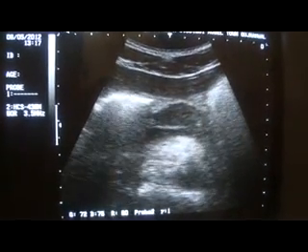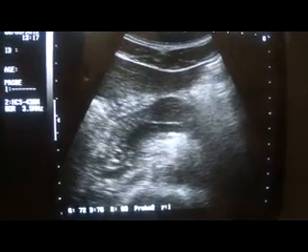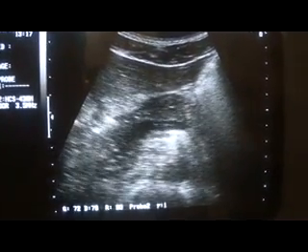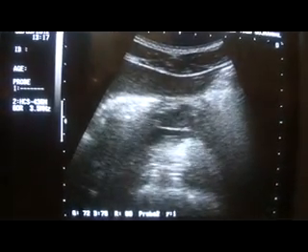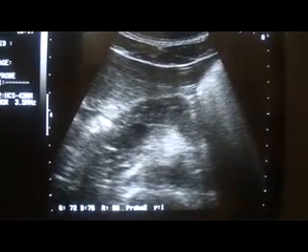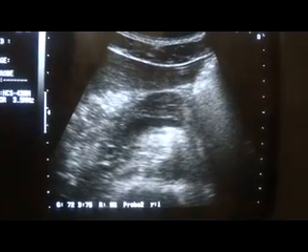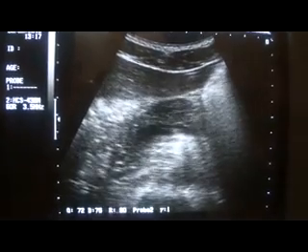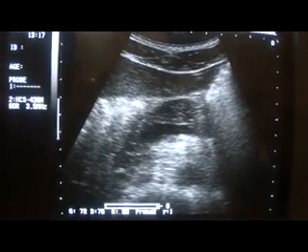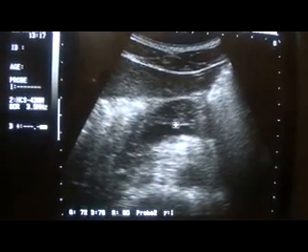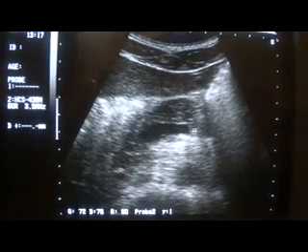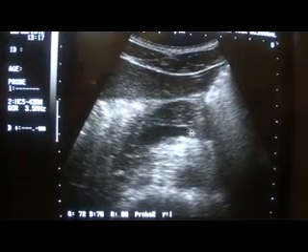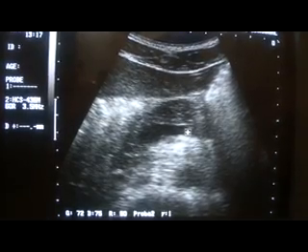The outer surface of the pancreas is smooth and regular. Its body measures 12.9 millimeters, and it should not exceed 20 millimeters, so the dimensions are normal. Now compare its echogenicity with the liver. Its echogenicity is less as compared to that of the liver, so it is within normal and homogeneous.